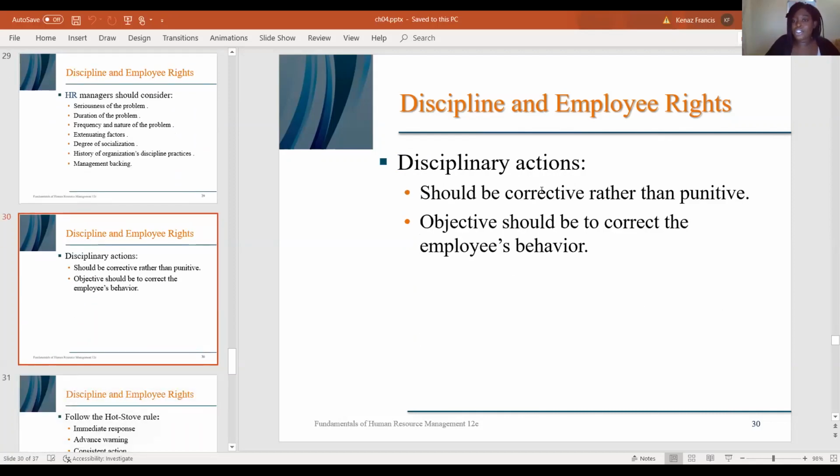Disciplinary action should be corrective rather than punitive. If you decide to discipline an employee, it should not be to punish them. It should be to correct them so that it does not take place in the future, right? I remember one time a team member left chemical in a water bottle in a room, and I had to discipline him.